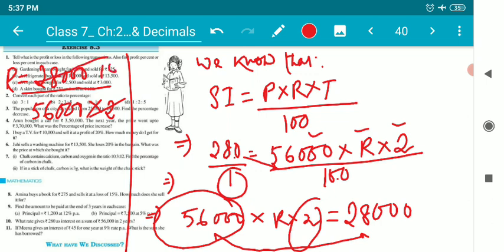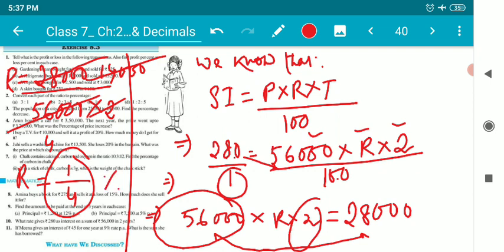It is 14,000, and 14,000 will be cancelling 56,000. It is 4, because 4 into 14,000 results in 56,000. So children, finally I am getting R is equal to 1 by 4. So the rate of interest is 1 by 4 percent.